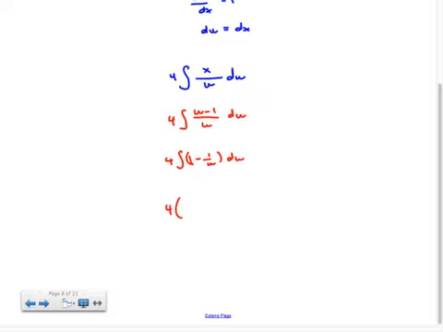I can do them together or split them up. But the first one becomes u, and the second one becomes the natural log absolute value of u plus c. The plus c can actually go inside or outside this parenthesis. It doesn't really matter, because 4 times c is still a constant. So I have 4u minus 4 natural log absolute value of u plus a constant.